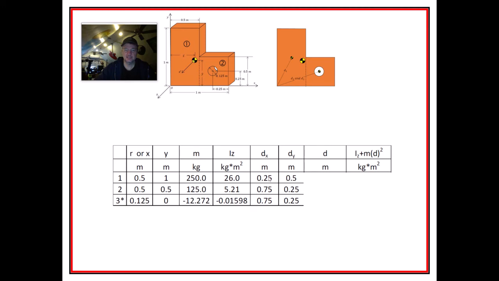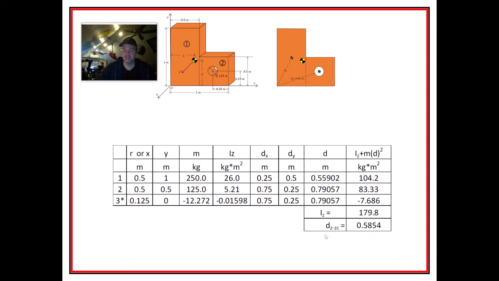And here are the distances for each of these parts that need to move, and you can see that parts 2 and 3 have the same distances. Now this d right here is the square root of this squared plus this squared, so that's this actual length d. Now we add this mass moment of inertia column plus this mass times d squared, and then we add all of those up and we get the mass moment of inertia about z.